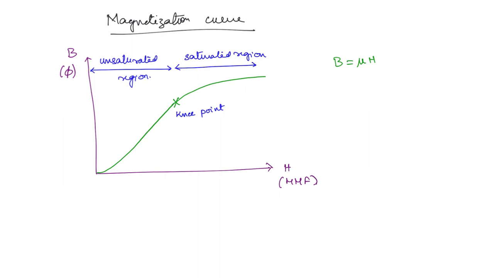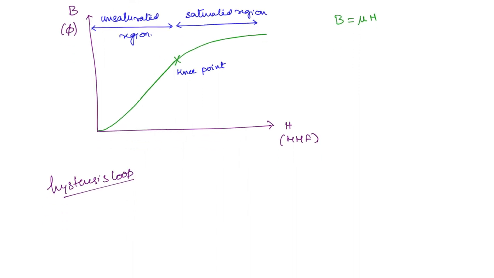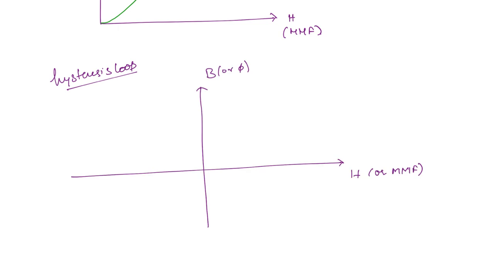Now another important characteristic here is the hysteresis loop. So we will see what this hysteresis loop is now. We saw the BH curve, it was something like this. This is the path taken when the MMF is increased. Now let's say you are reducing the MMF. Ideally, the operating characteristics should come back all along the same line.